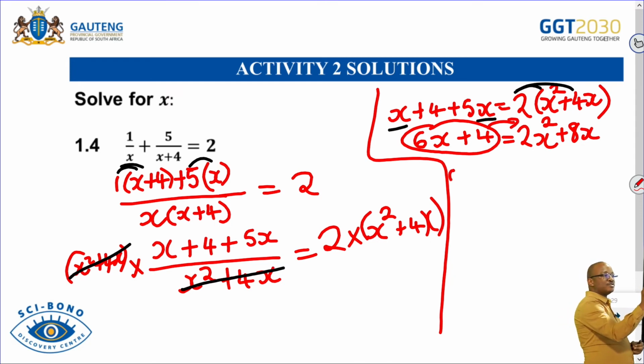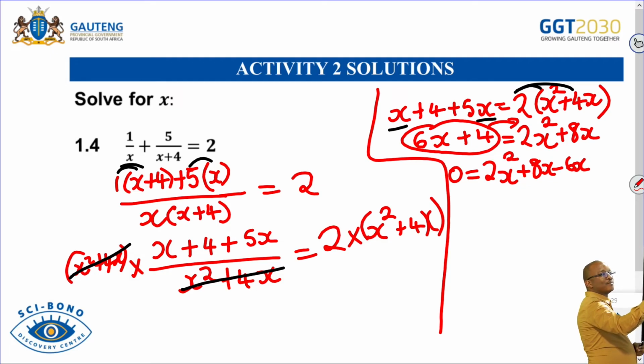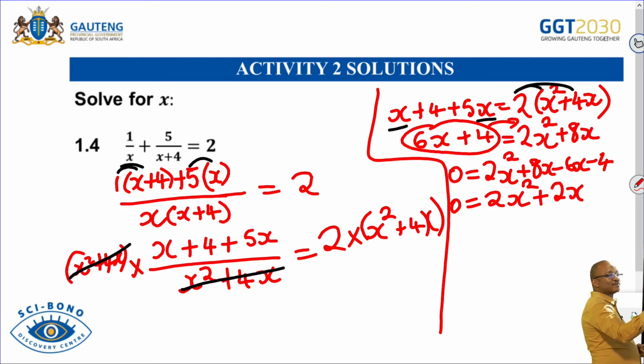Then we're going to have 0 is equal to 2x squared plus 8x minus 6x minus 4. Correct? Then we're going to have 0 is equal to 2x squared plus 2x minus 4.